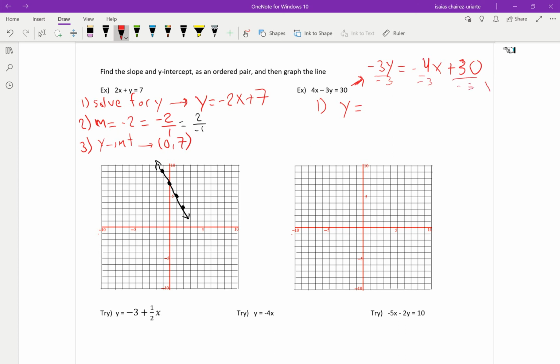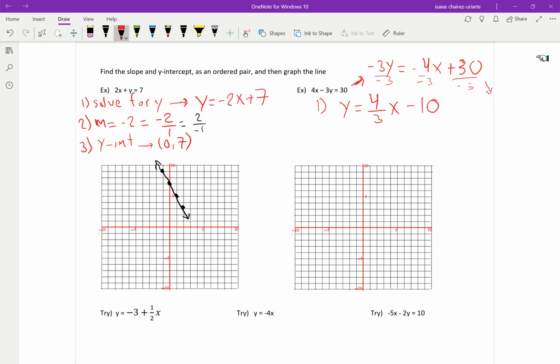That gives me y equals, and then negative 4 divided by negative 3 becomes positive, so that's 4/3. And then positive 30 divided by negative 3 becomes negative 10, minus 10.